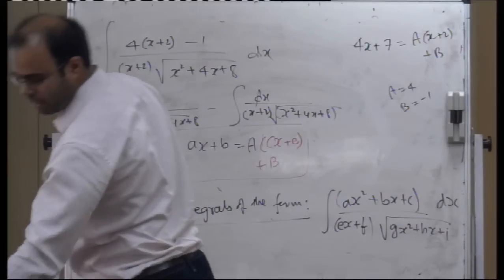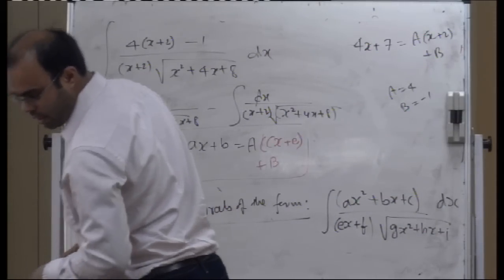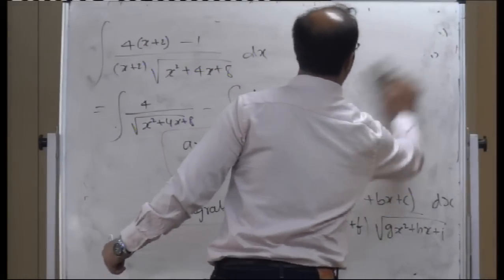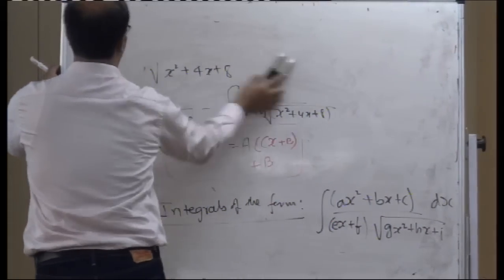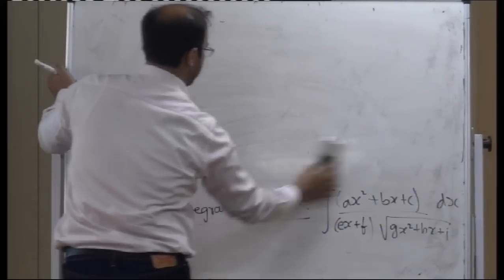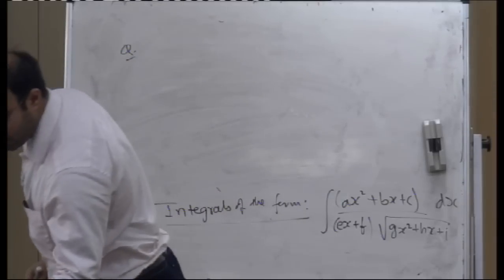Right. So let us do a question based on this. This question we have. Again, after knowing this many types of forms, you will start guessing what approach is appropriate.